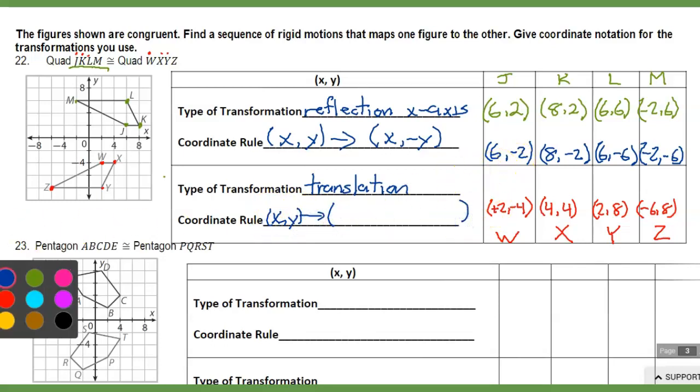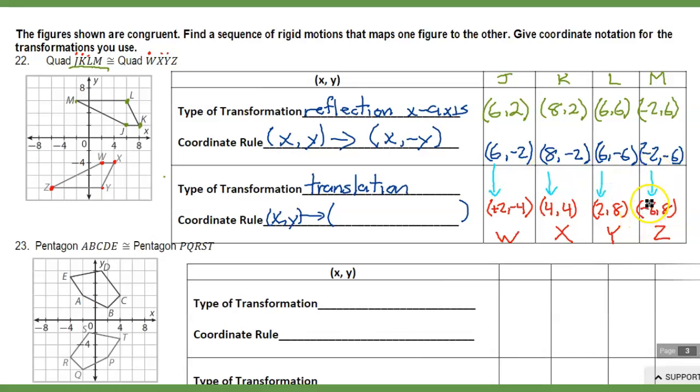So I need a single rule that works for all of these, that takes me from 6 to 2, 8 to 4, 6 to 2 again, and -2 to -6 by adding and subtracting. So after a little bit, you can probably figure out I need to do 6 minus 4, 8 minus 4, 6 minus 4 again, and -2 minus 4, and that'll give me each of these points.